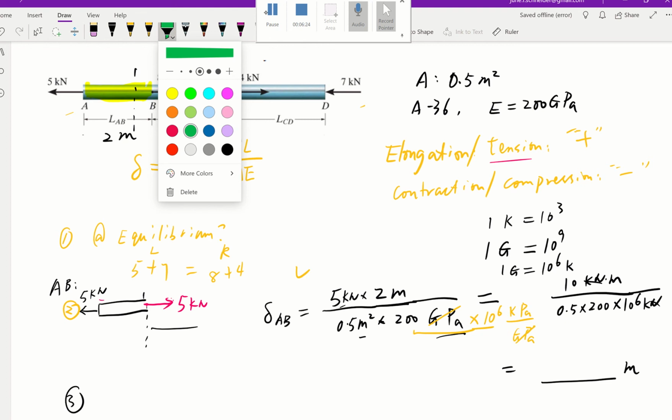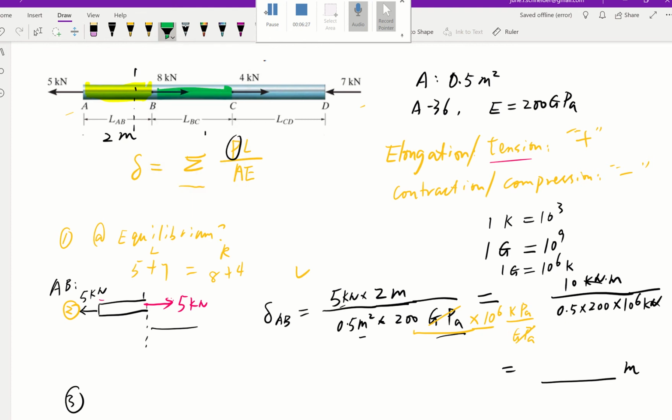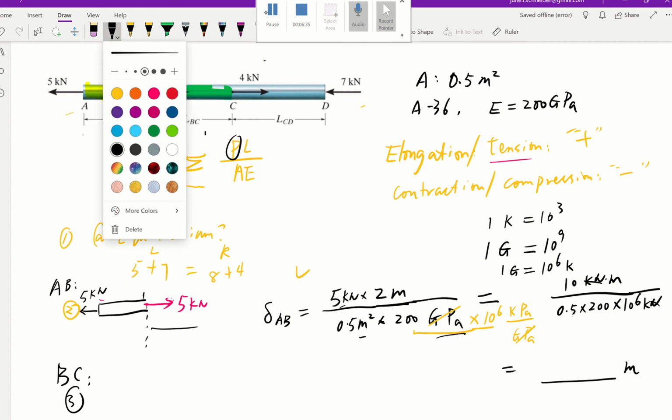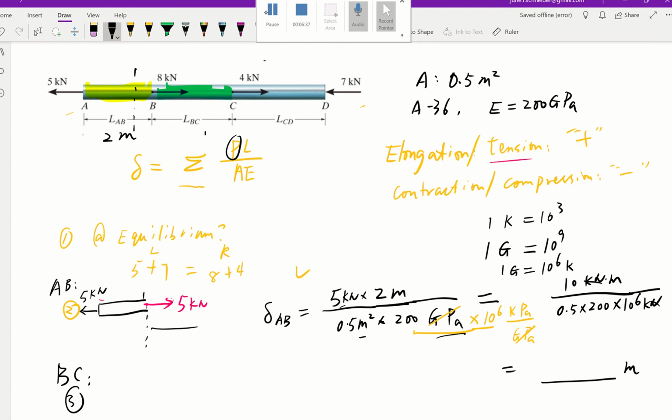Now let's look at another section, the midsection where BC is. For the BC section, if we were to cut randomly somewhere here and extend that, you have left and right. Again, I'm going to choose left. I think the right one will work as well. Then let's put all the external forces, like how we did in internal loading at the beginning.